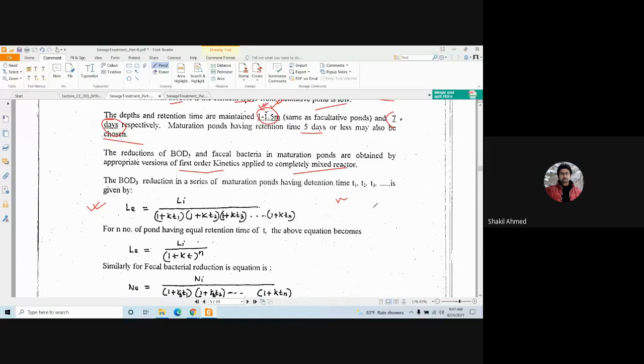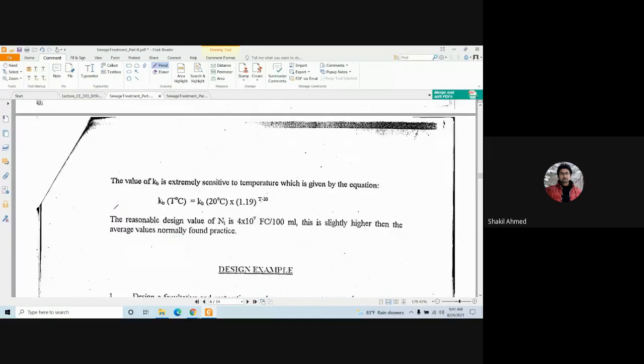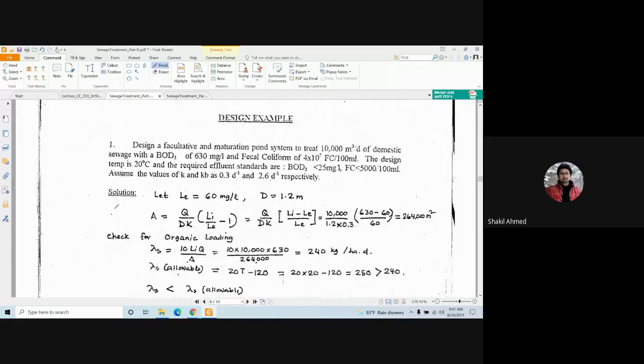And you know that if you maintain T1 equals T2 equals all values equals T, then you can write this, right? Similarly for the bacteria, you can write this. Clear? Yes, sir. Okay.